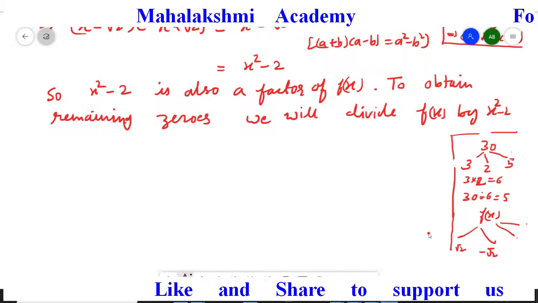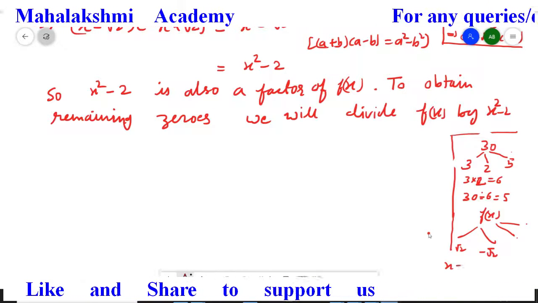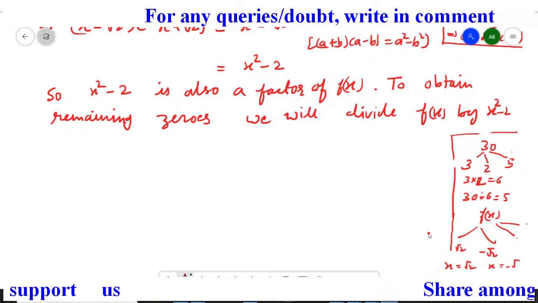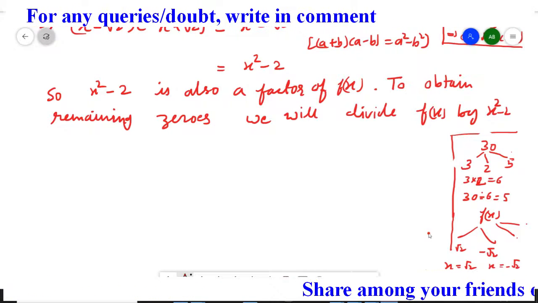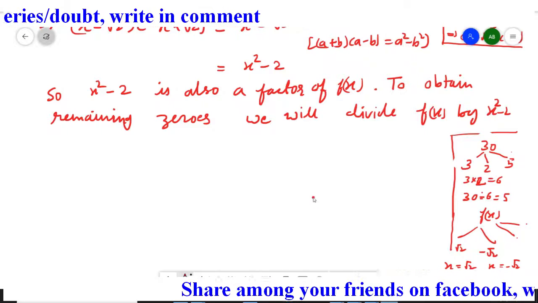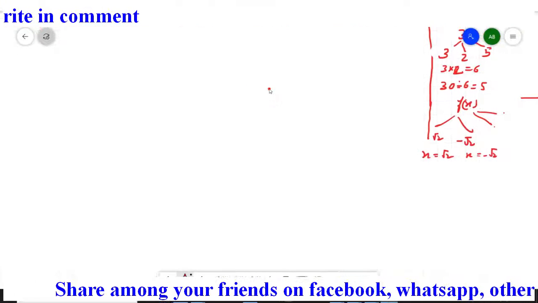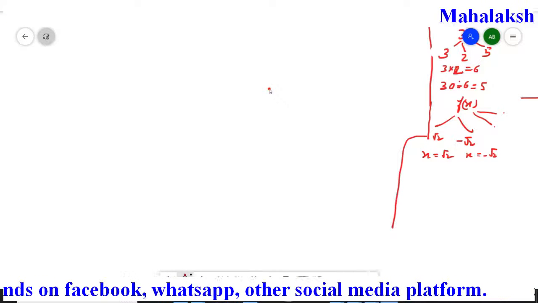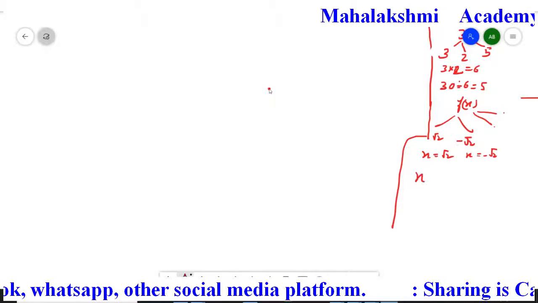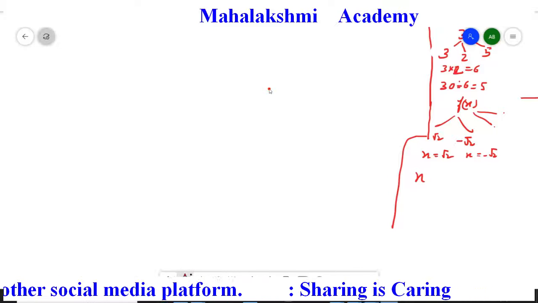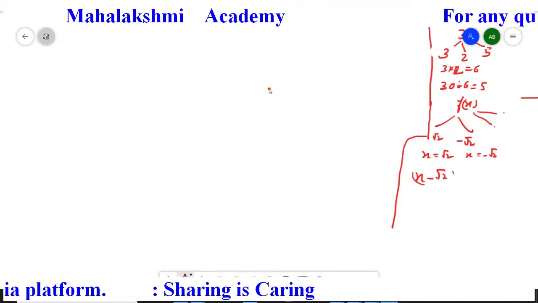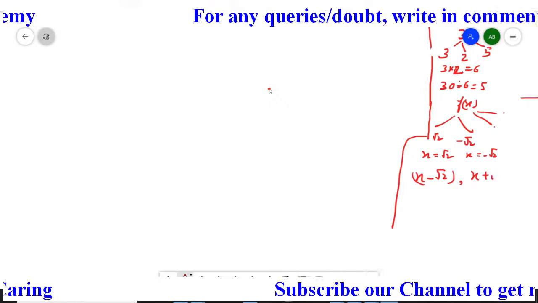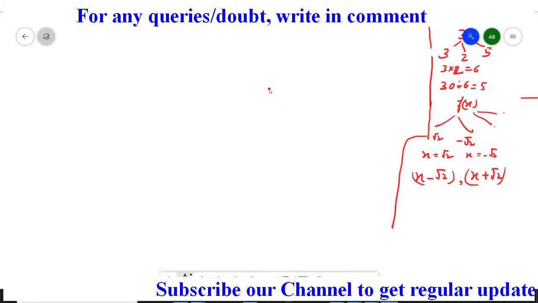Since it's a polynomial, you have to write x is equal to root 2, then x is equal to minus root 2. Then from it, first you have to create the factors. Because it's positive, when we shift, it's x minus root 2. And from the other, the factor is x plus root 2. So these two are the factors.